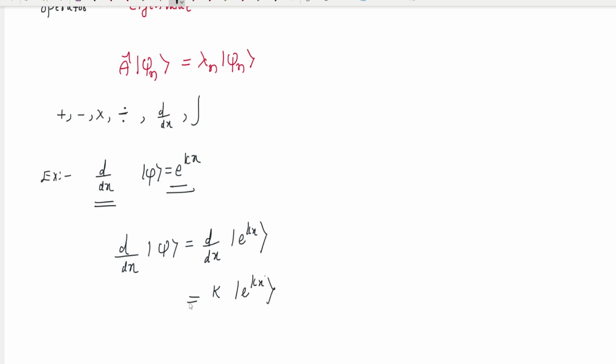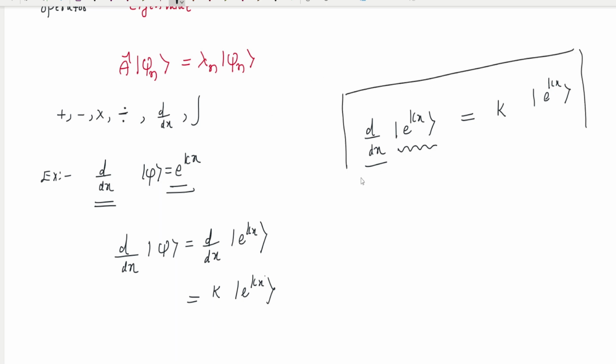So in case we try to observe this, d by dx of e power kx, this is a ket vector. If I apply this operator on this quantum state, here I got the same state vector, the same wave function. There is no change in the wave function. The extra thing here is that I got the k, right? So this is the best example to understand the eigenvalue equation.